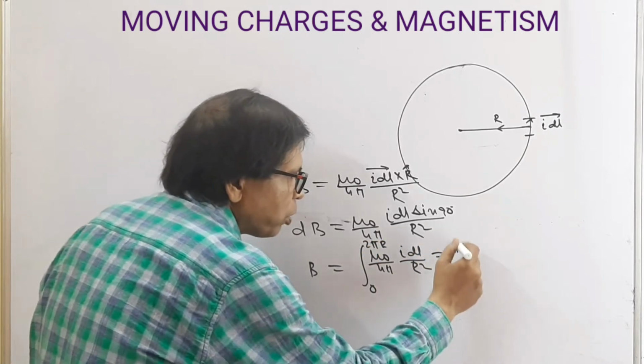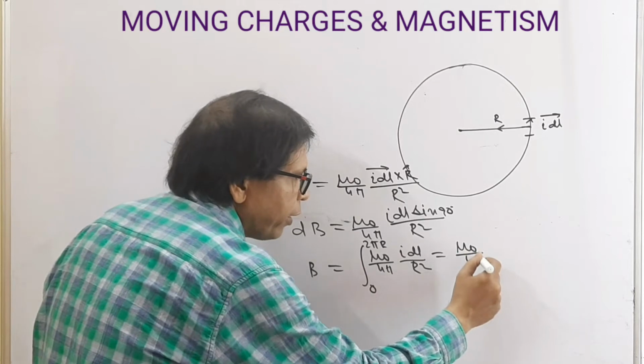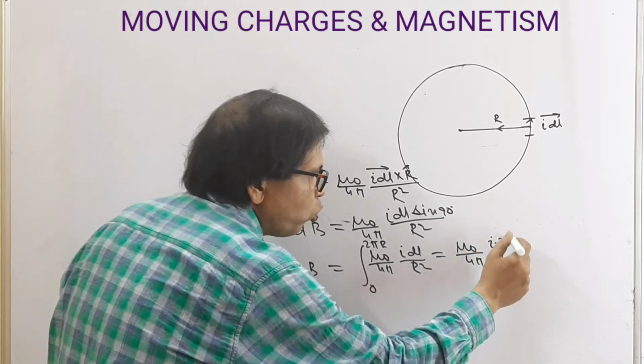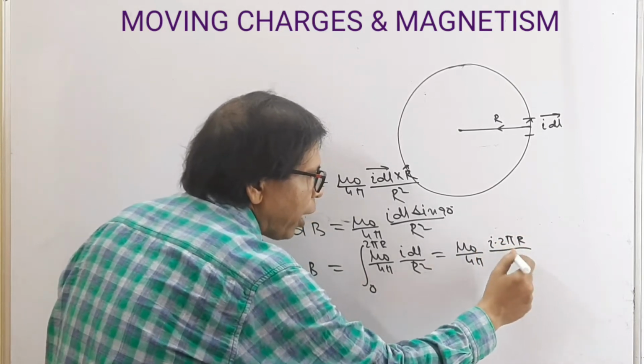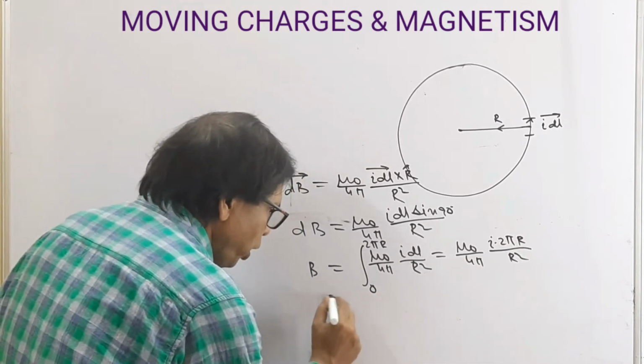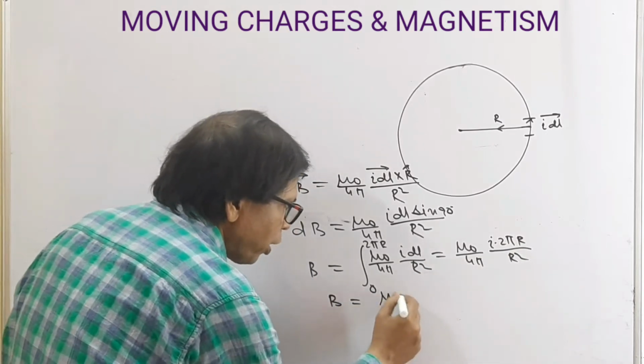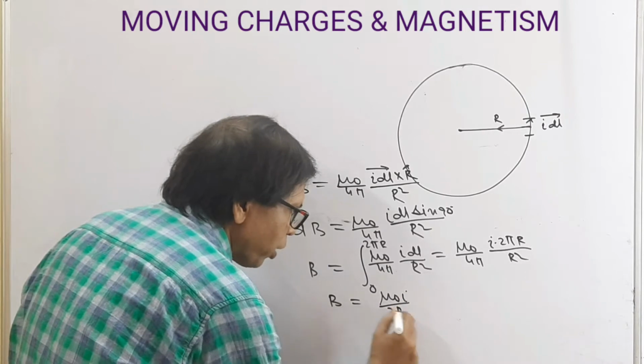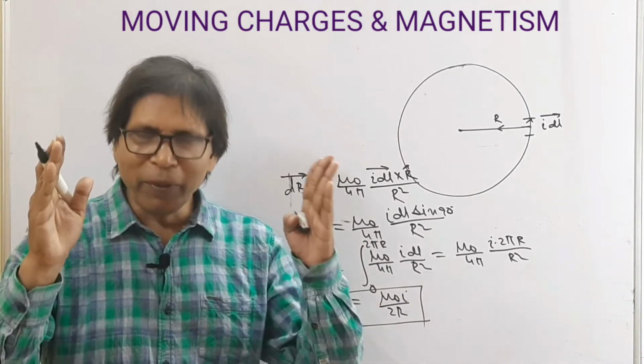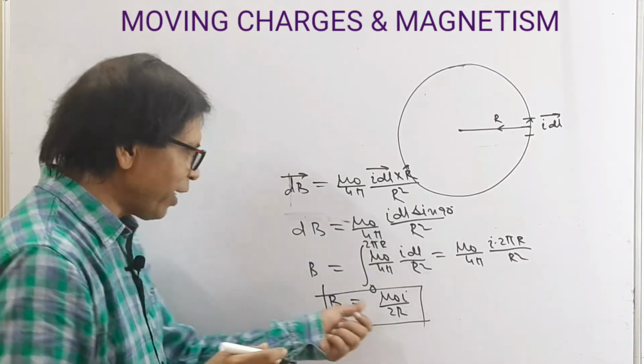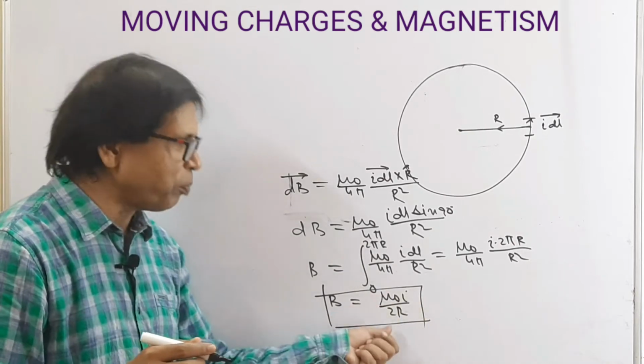So this becomes mu naught by 4 pi, I into 2 pi r divided by r square. So here B equals mu naught I divided by 2r. Okay. For a semicircular coil, the magnetic field becomes half of this.